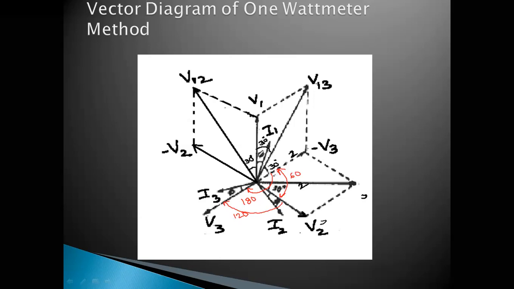Now the angle between V1 and V2 is 120. Angle between V1 and minus V3 is 120 minus 60, which is 60. So from this it is clear that the angle between V1 and minus V3 is 60.